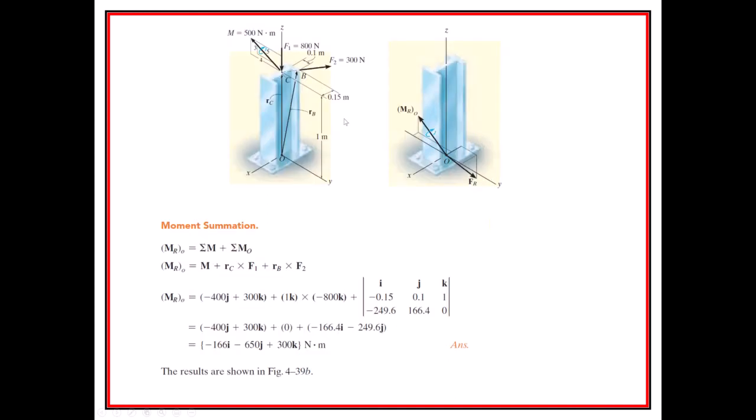That was the force summation, and now we do the moment summation. There are a number of things taking place here. We're going to have the moment that was already on here, so that's the external moment. But now we're going to need to move this force F1 right here down to here.